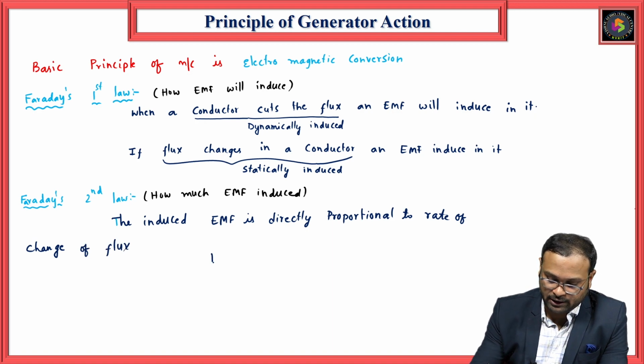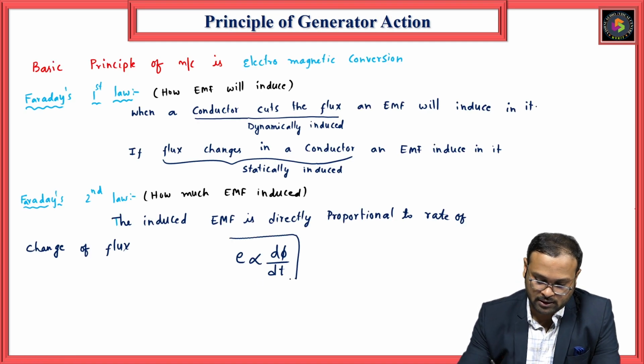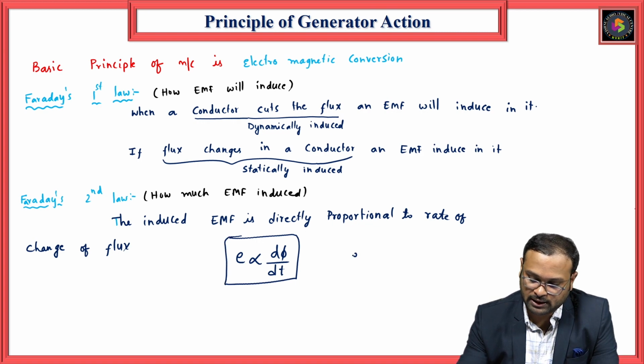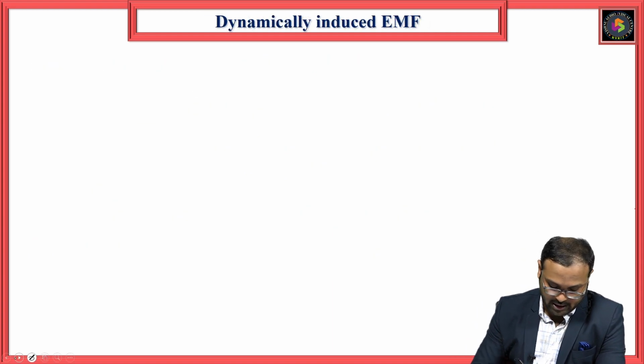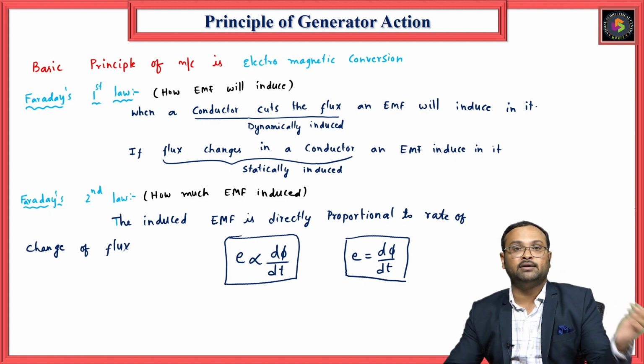Suppose the induced EMF is E, then E is directly proportional to d phi by dt, the rate of change of flux. If we take a proportionality constant, E is equal to d phi by dt. Sometimes if there are n turns or n conductors, we write n into d phi by dt. But here I am simply giving E is equal to d phi by dt.